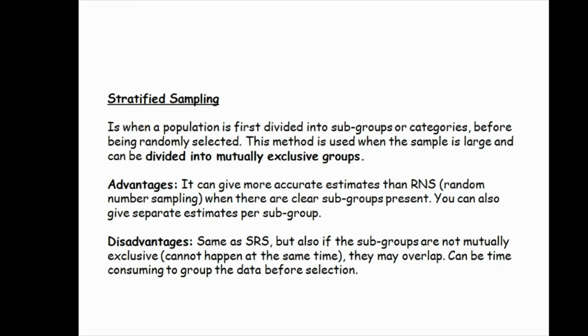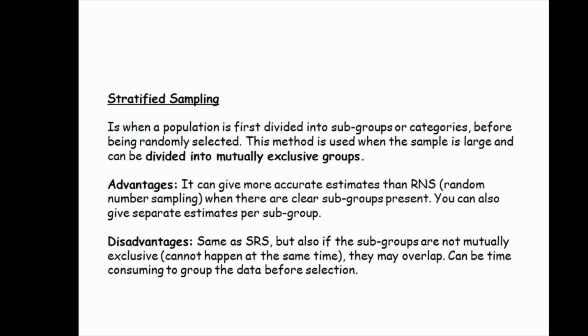For example, let's say I had a population of 100 students, 60 of them are male, 40 of them are female. If I was to select a random sample, a sample size of 10 students, then I would want the same percentages of each of those groups in my sample for it to be a good representation.